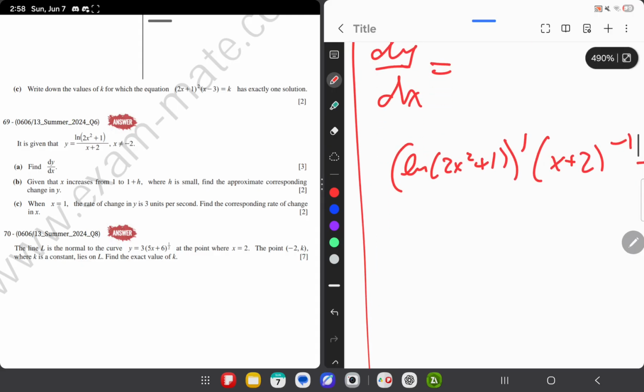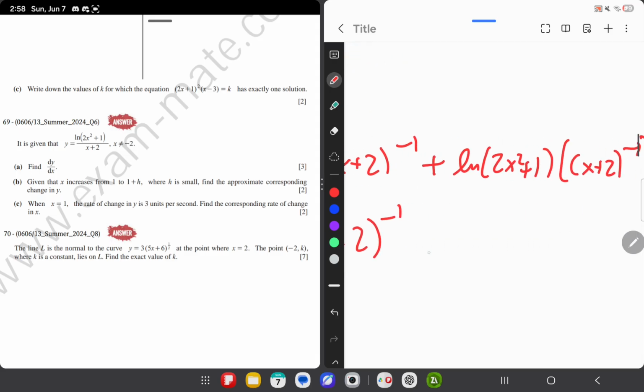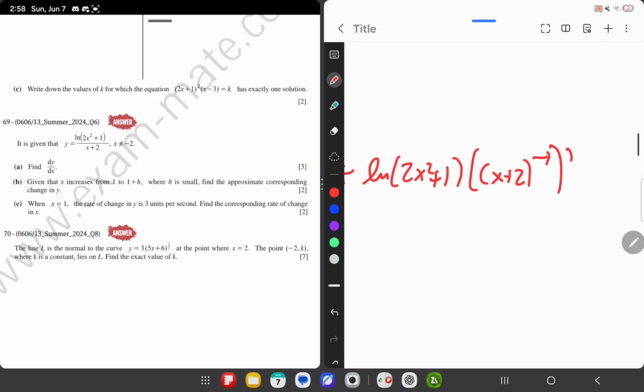Differentiating this, we get 2x squared plus 1 times the derivative of this, which is 4x, times x plus 2 to the negative 1 power, plus natural log of this times the prime of this.